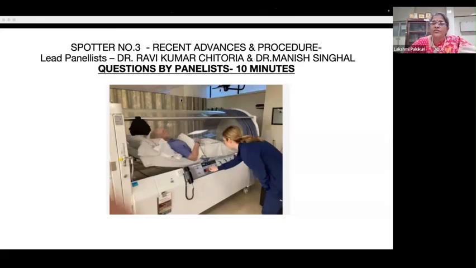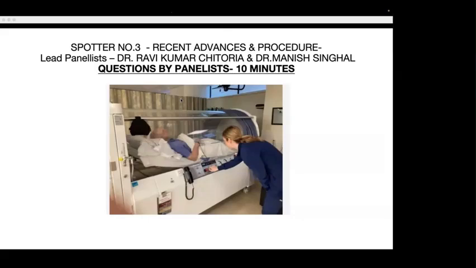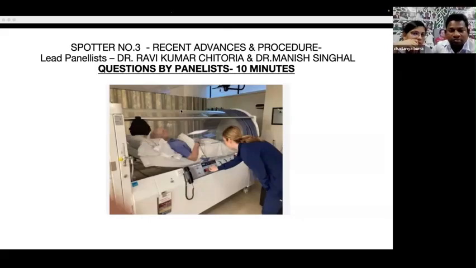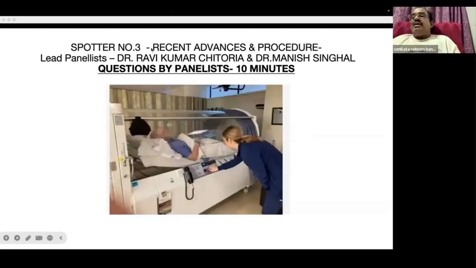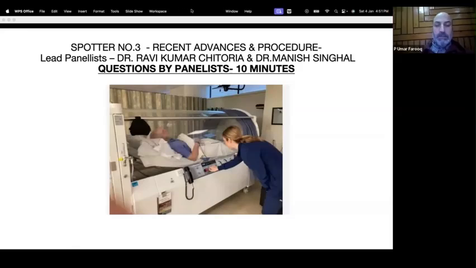Dr. Venkatratnam sir, will you join for discussion of this case, sir? Dr. Ravikumar Chitoriya sir and Dr. Venkatratnam sir will join. Where is Ravi? Ravi is there? Yes, sir, he is there.